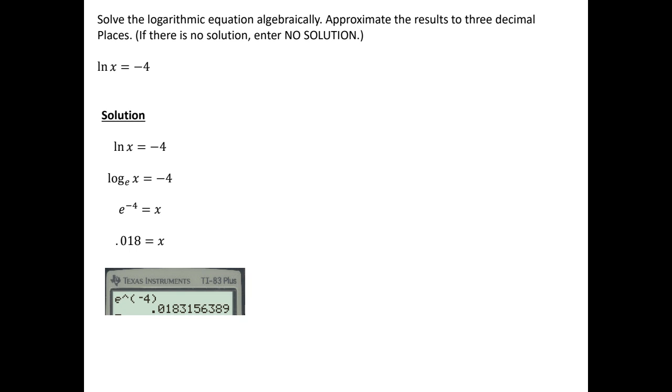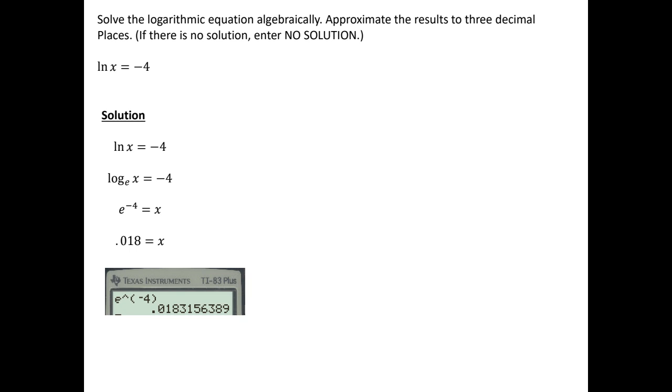Or another way for you to see it is that I convert this natural log into the log of base e, and then I'm going to use my inverse, or converting from log to exponent. So again, my base e for this log becomes the base of the exponent.